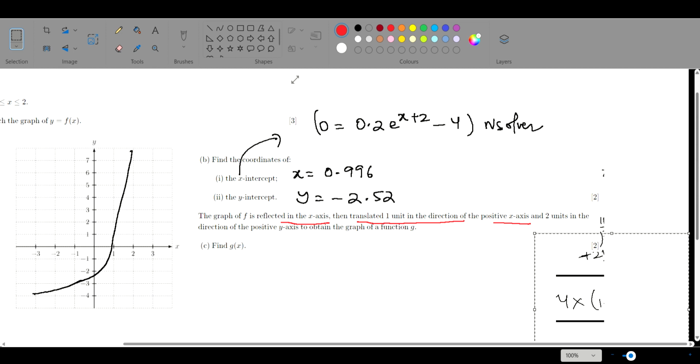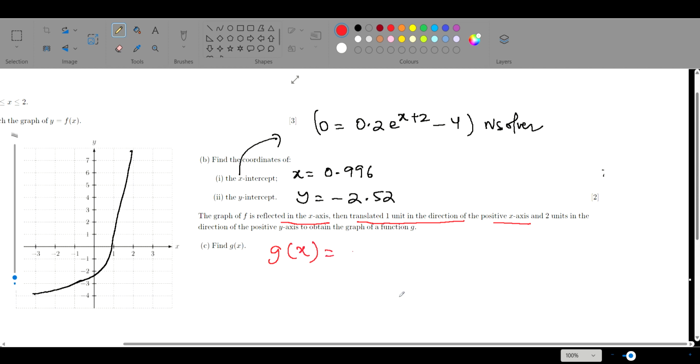Reflection on the x-axis means your new function is minus of the old function, minus f(x), and then it is translated 1 unit to the right, so it will be minus f(x minus 1).